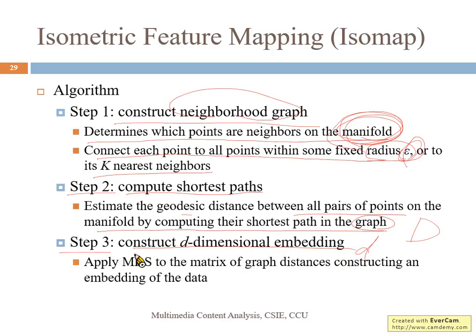Because we already know the distance between any two data points, we can apply the MDS technology to the matrix of graph distances and then construct an embedding of the data. So basically step 3 is exactly the same as what we said before about the multi-dimensional scaling technology.